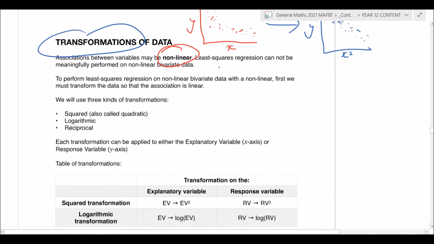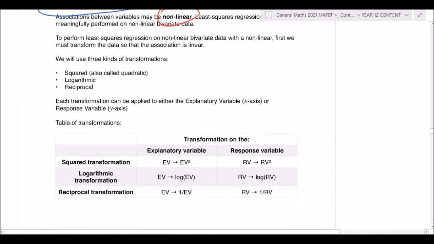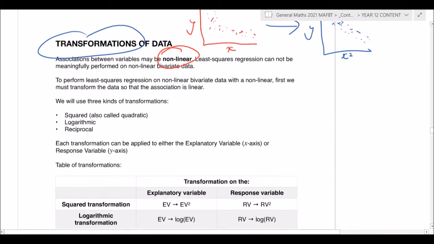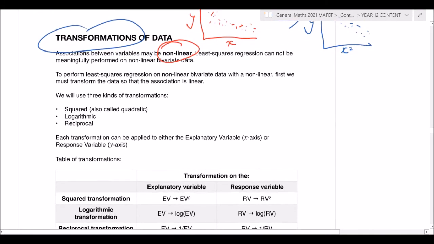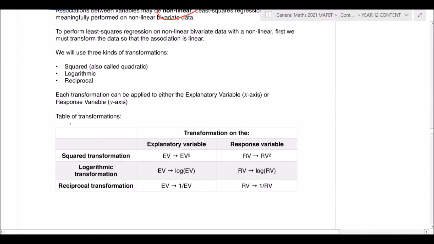To perform a least squares regression on nonlinear bivariate data, we need to transform the data so that the association is linear. So what that's saying is we need to transform the data to make it linear. There's three kinds: we use a squared transformation, log transformation, or a reciprocal transformation, and you'll see all of that down there. Each transformation can be applied to the EV or the RV, like I said.